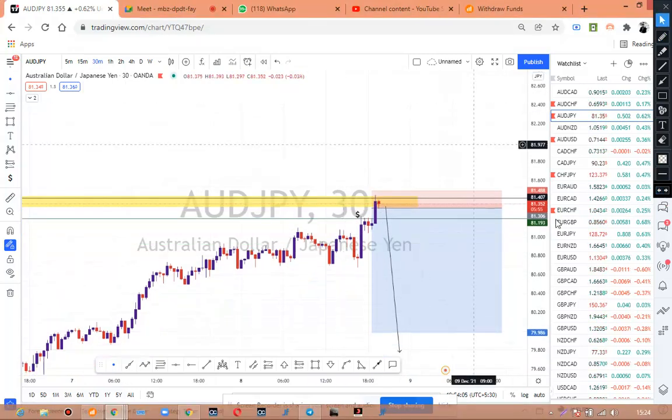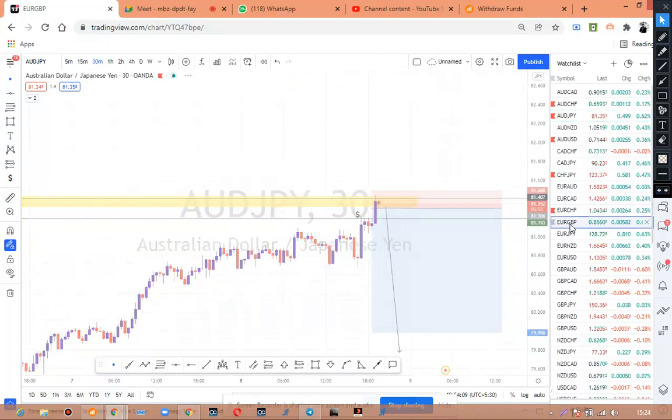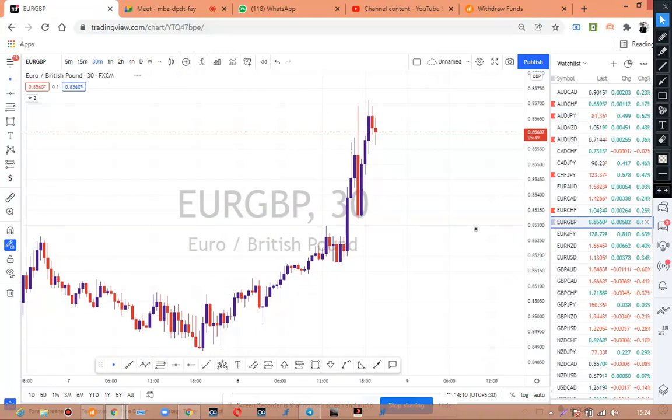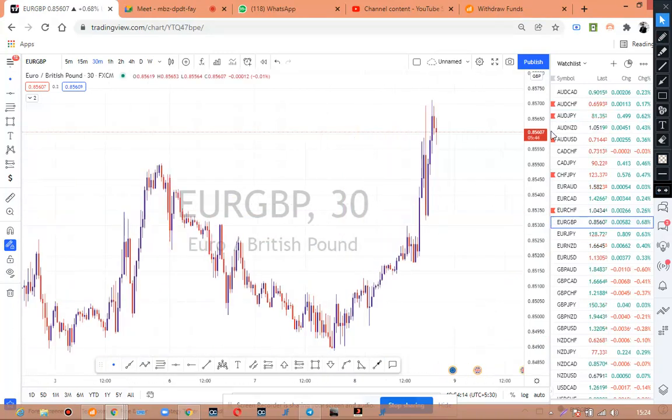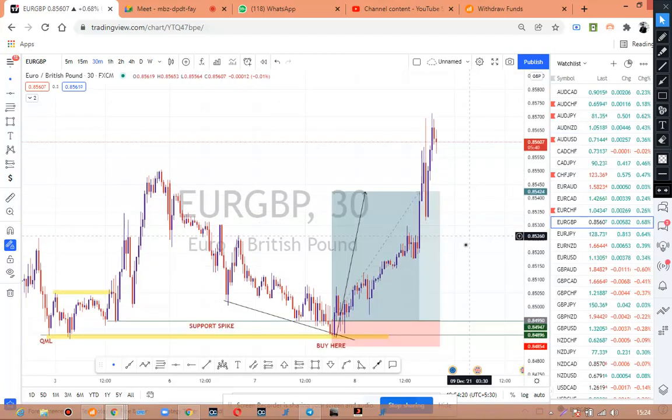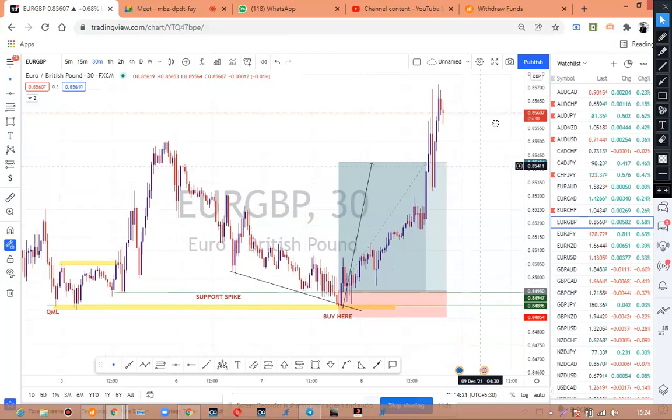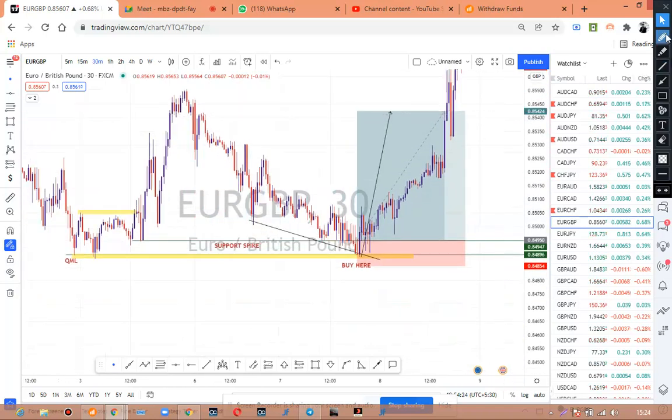So now let me go to the currency pair that we took a trade on yesterday, which kept running till today, and I think we won the trade. Okay, so if you look at this, Euro GBP was another good trade that we took yesterday.